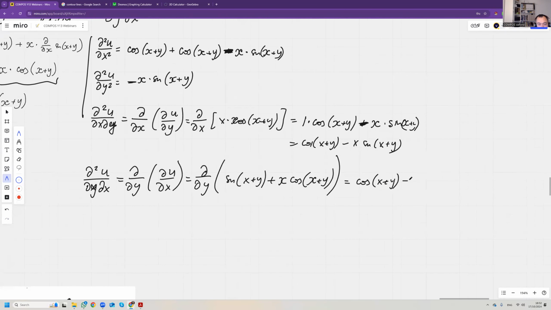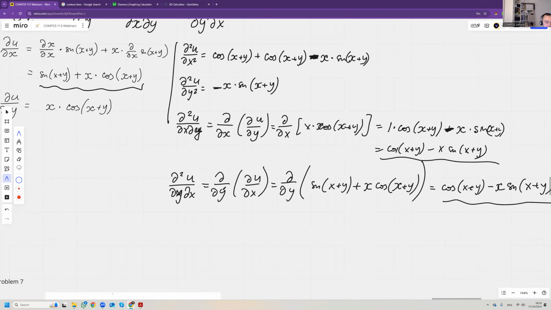So that's going to be minus x sin(x + y). You can see that this and this are the same thing. So it doesn't matter how you do it. This way or this way, you will get the same result.